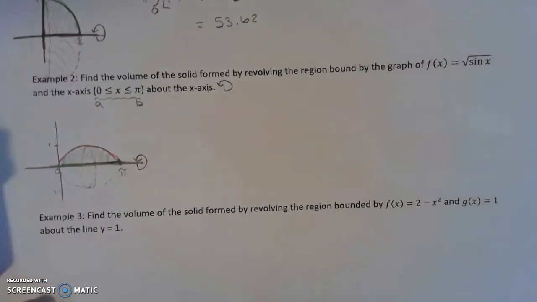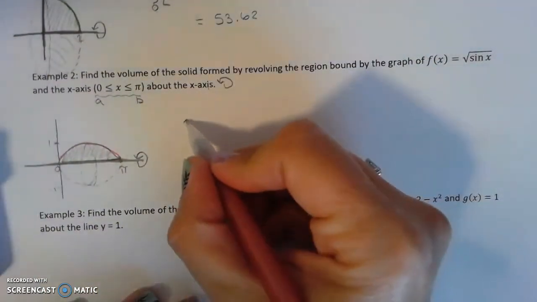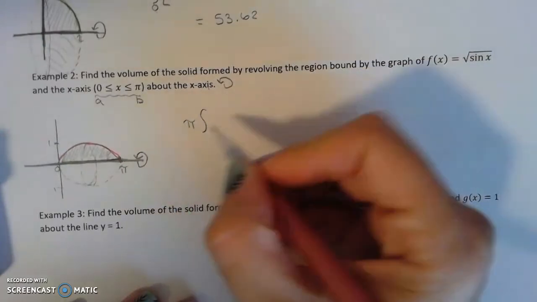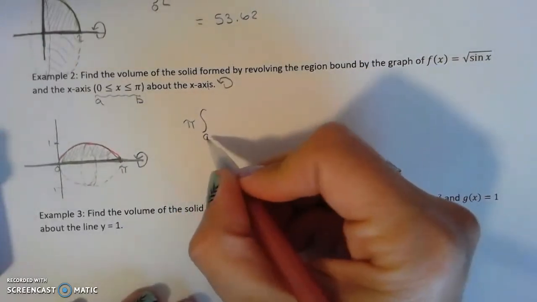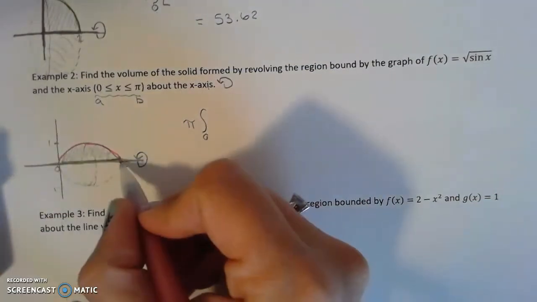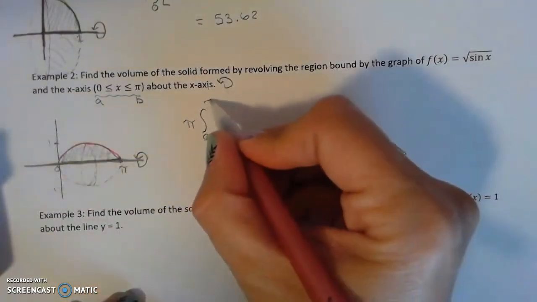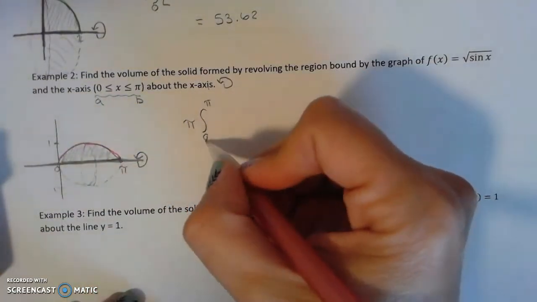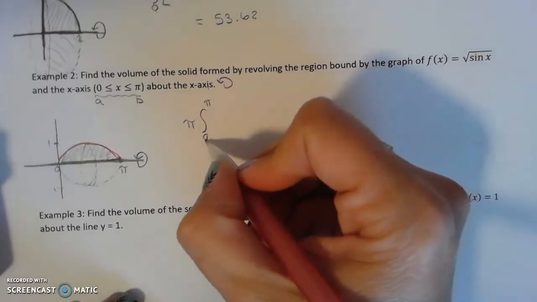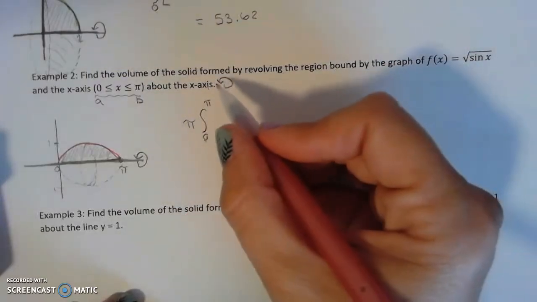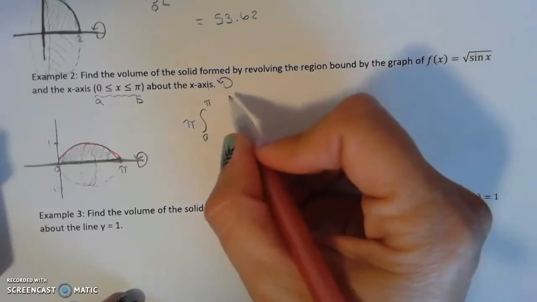That means we're going to have pi times the integral. Remember we said our lower bound is 0 on the x and our upper bound is pi. Remember those have to be in terms of x because we're taking this with respect to x because we're rotating it about the x-axis horizontally.